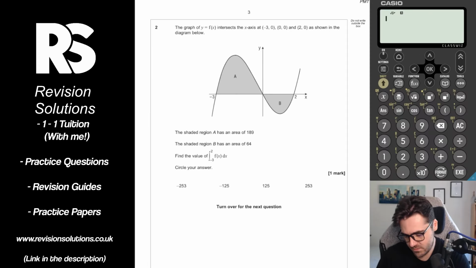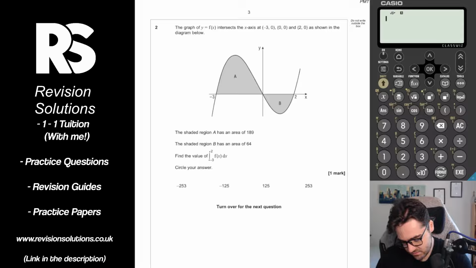Moving on to question 2, it says the graph of y = f(x) intersects the x-axis at (−3, 0), (0, 0) and (2, 0), as shown in the diagram. The shaded region A has an area of 189, and the shaded region B has an area of 64, but noticeably A is above the x-axis, so it would be calculated as a positive area, but B is below the x-axis, so it would be calculated as a negative area.